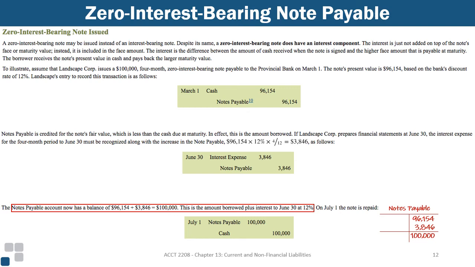At the end, right, the value of the amount that Landscape has to pay back to the bank is $100,000, and that's the amount of the note. So the note is issued originally at a discount, right? And then there's an interest adjustment based on that discounted amount to bring it up to $100,000. You will then debit the note payable for $100,000, credit cash, and the note is now exhausted.